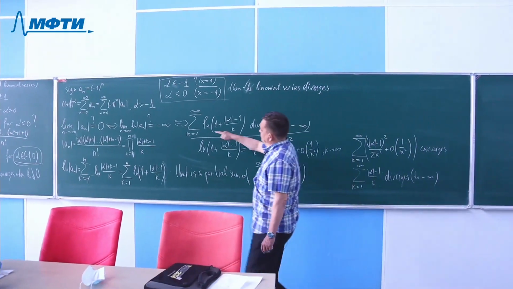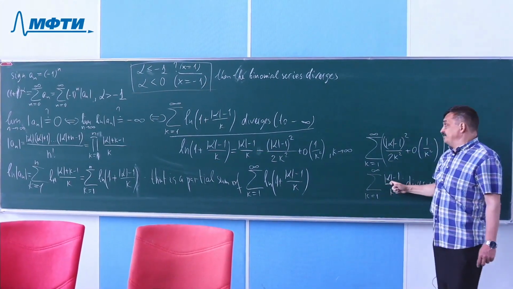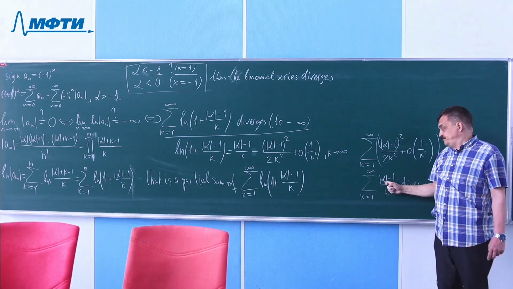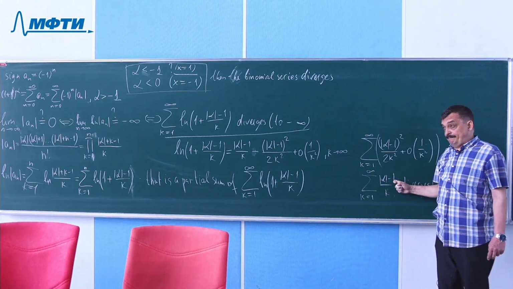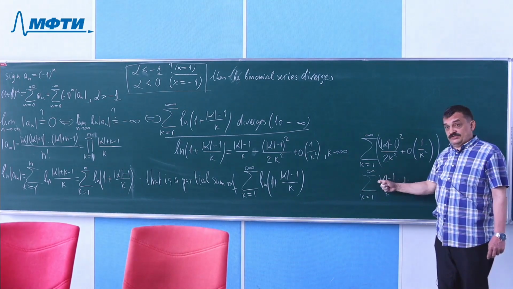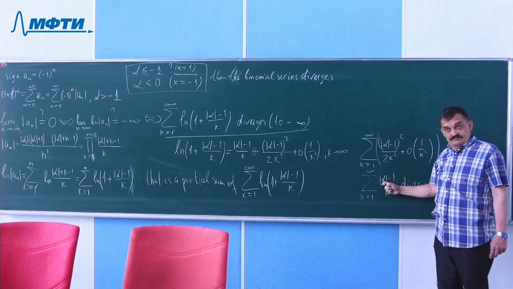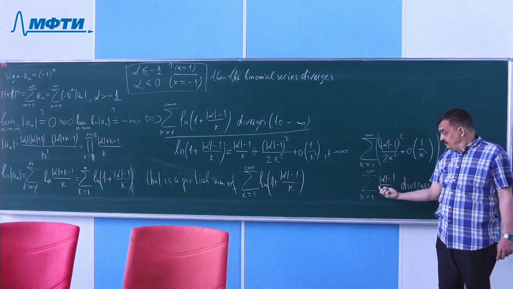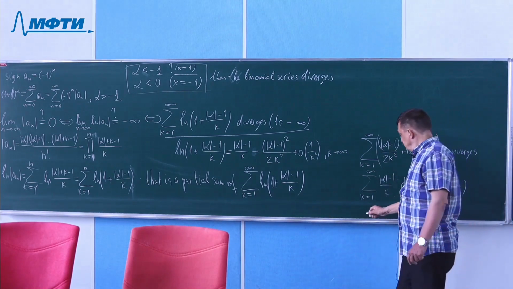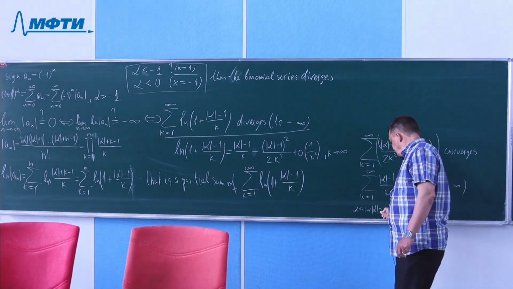At the moment, I want to consider alpha less than minus 1. So if alpha is less than minus 1, then what happens here? Then this number is positive, right? Alpha is negative, less than minus 1. Then modulo alpha is greater than 1.